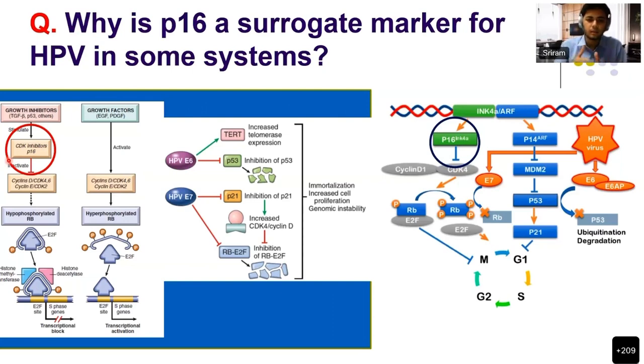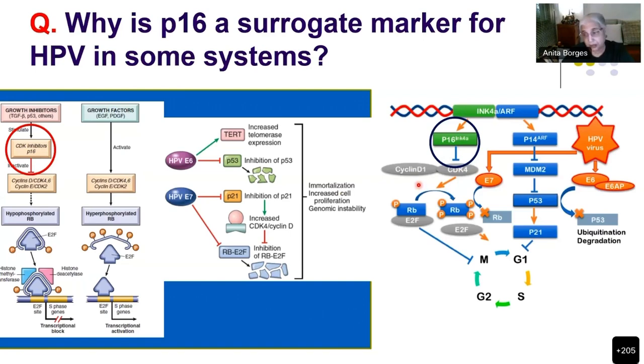While in the other set, it may be due to any number of other causes that knock out that P53, and the confusion about overexpression of P16 should be avoided. So there are two reasons with HPV. One is, it knocks out P53 by inhibiting it by the E6 protein, and it also has E7, where the RB protein has been knocked out, and therefore it accumulates a lot of P16 in the system.